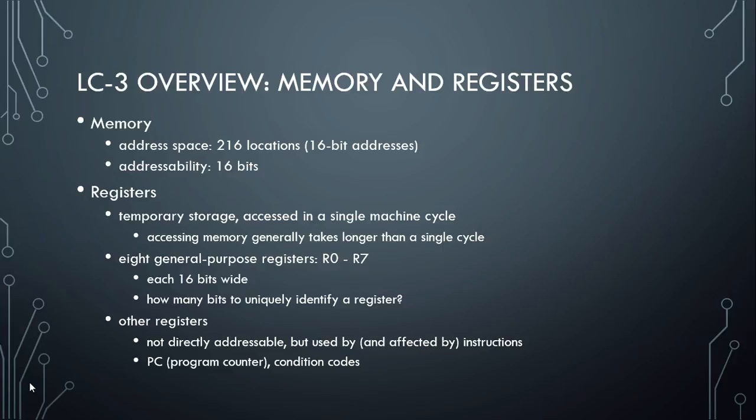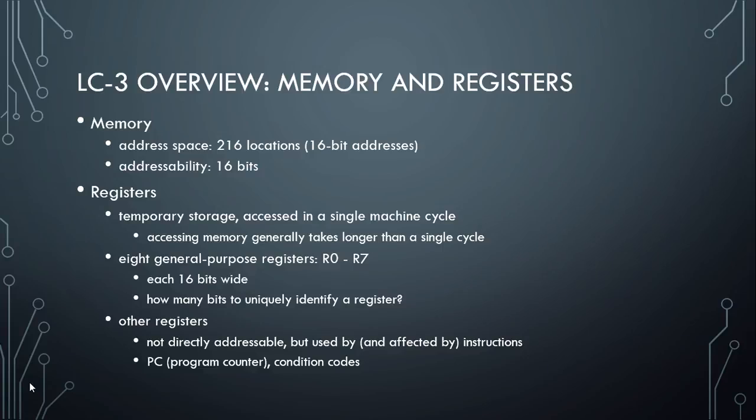There are 8 general purpose registers, R0 to R7. Each of those registers is 16 bits wide. So you might wonder, how many bits are needed to uniquely identify a register? Well, you're going from R0 to R7, that's 8 digits that you have to represent.